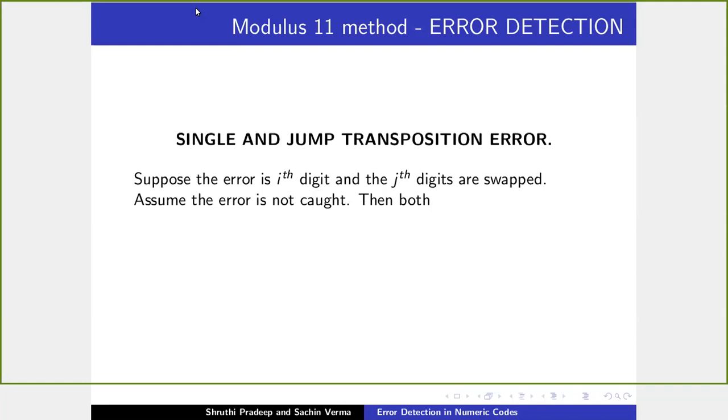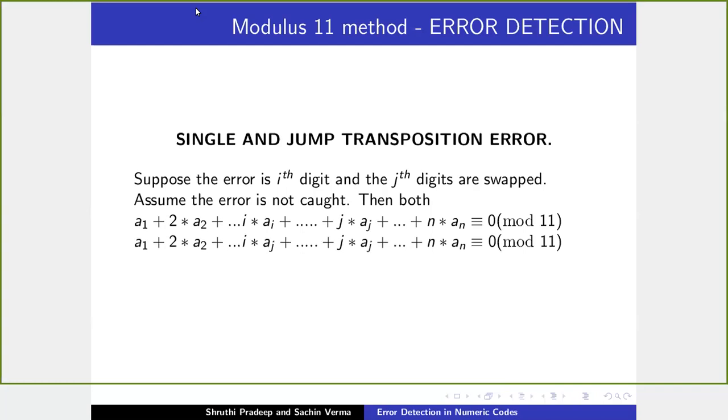So assume the error is not caught again. Then both of these hold: the actual code word, a1 plus 2 times a2 plus so on, i times ai, so on, j times aj, and so on, n times an, is congruent to 0 mod 11. If the error is not caught, then the check digit has to be the same. At the ith position you now have aj, and at the jth position you now have ai.